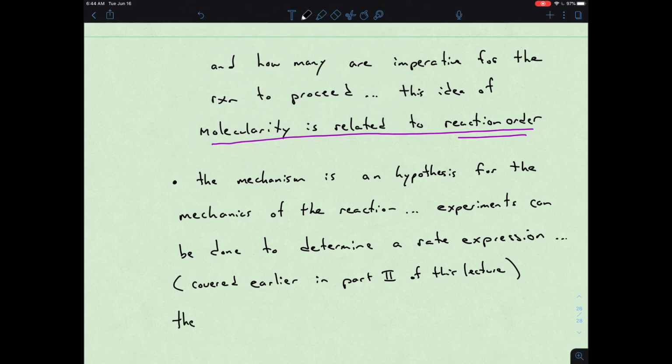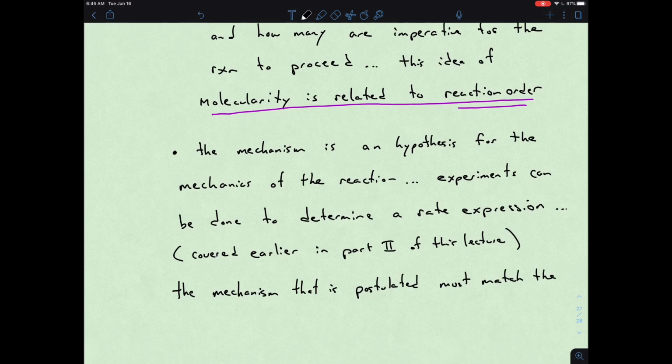The mechanism that is postulated must match the experimentally determined rate expression.